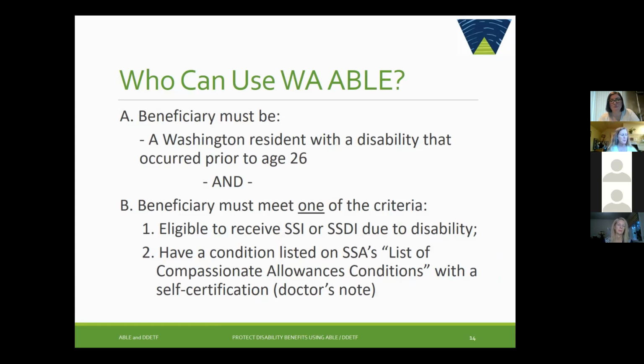The beneficiary must either be eligible to receive SSI or SSDI due to the disability, or have a doctor's certification showing that their condition is on the list of compassionate allowances. We do have a form on our website that folks can take to their physician and have it certified that way.